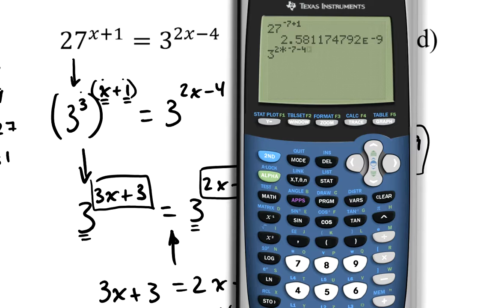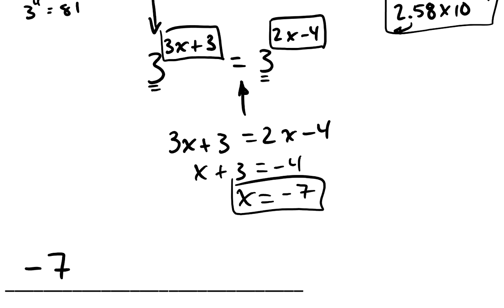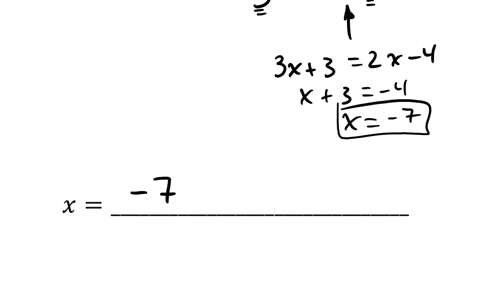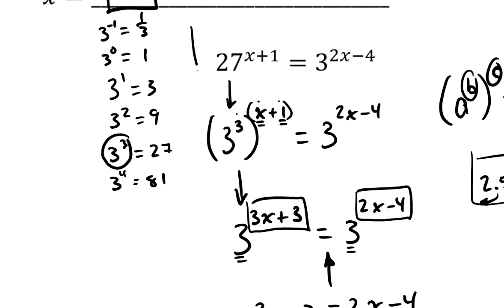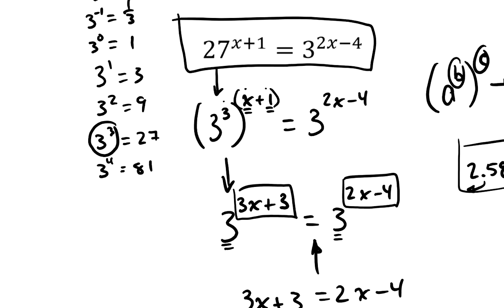That's what we use. When I press enter, lo and behold, it's the exact same very small number. They're both about 2.58 times 10 to the negative 9th power. So negative 7 is exactly the value that will make the left and the right hand side of this equation the same, and the same value they are is this extremely small number, 2.58 times 10 to the negative 9th.